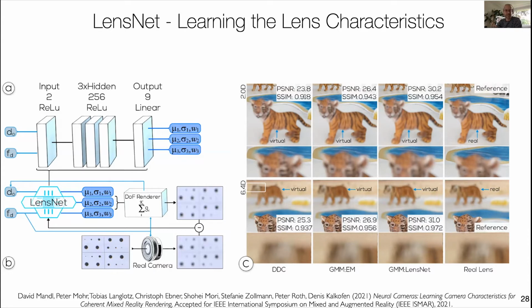And we did this, I refer to the paper here, for different cameras to show that we can really generalize that. And you can see here, when you look at the results of our LensNet, that the virtual one, from the blur and from the softness, is almost impossible to differentiate from an actual real capture with the lens.